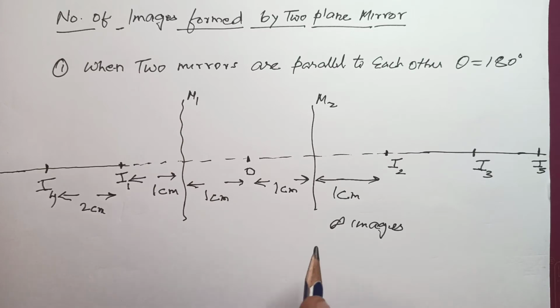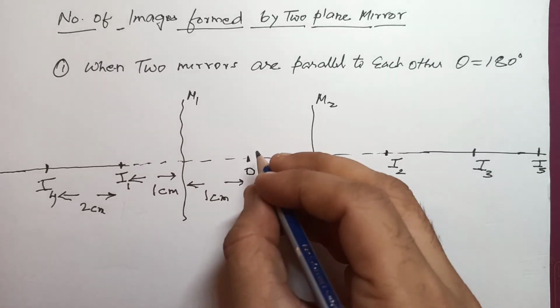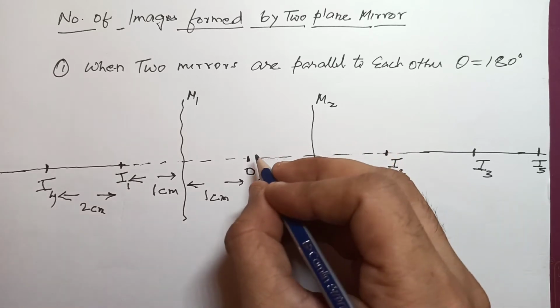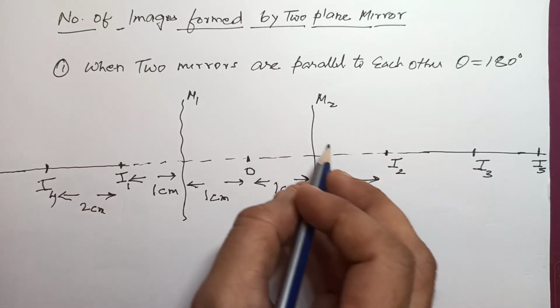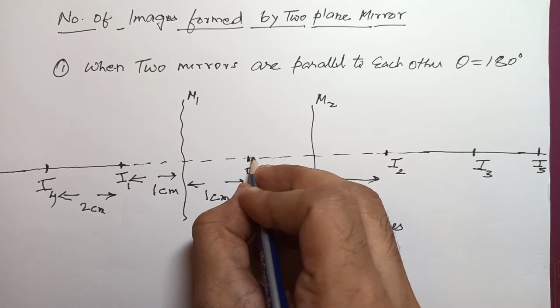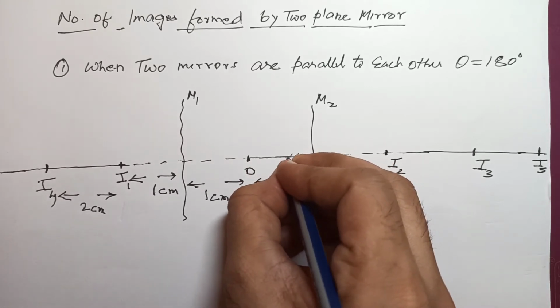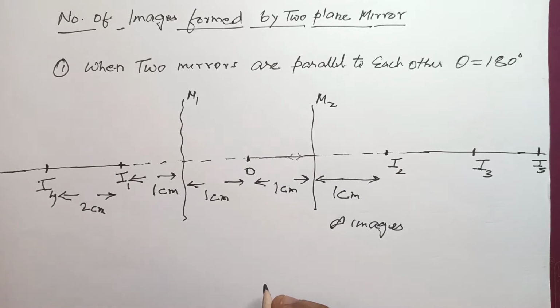Now let's try to draw the ray diagram. This is the object. The first ray will go this way only, so it will come the same way back down.